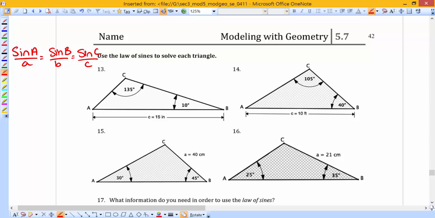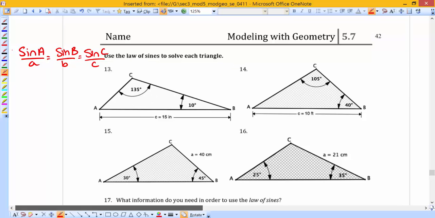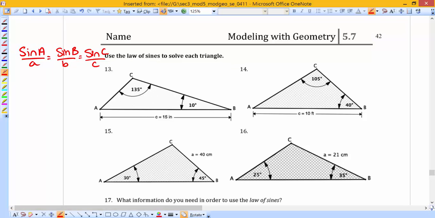Capital letters are angles. Lowercase letters are sides. In order to use law of sines, you must have an angle with its side. You see how these are across from each other? They are a pair. So those are the 2 that you're going to put together first.